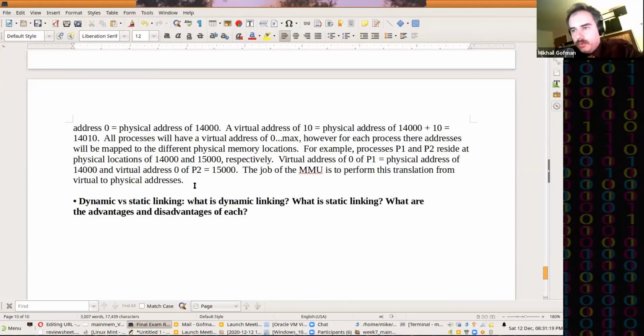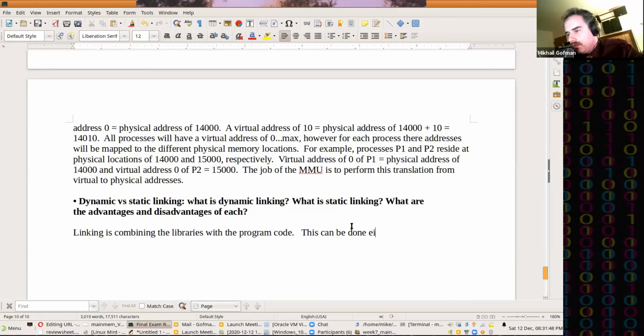Okay, so linking is combining the library with the program code. This can be done either statically or dynamically, either using static or dynamic linking.